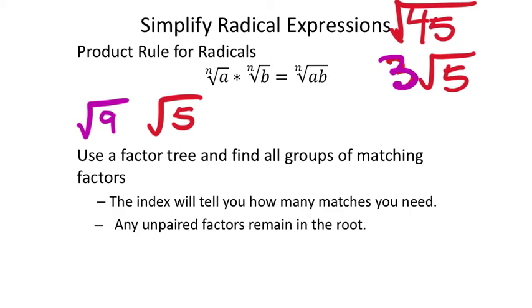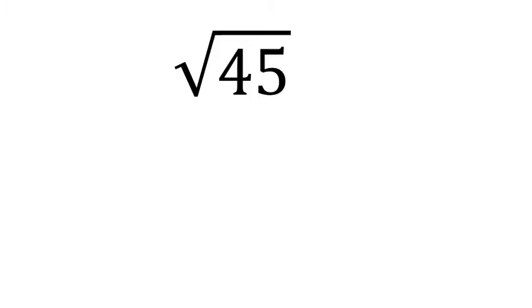See how it kept the root, but we can break the factors up separately. Okay, but again, the index will tell you how many matches you need, at least if you're going to use some factor tree stuff on this, which I will do. I guess I spilled the beans on this one, but I'm going to show you, okay? So square root means we need pairs. So matches of 2.